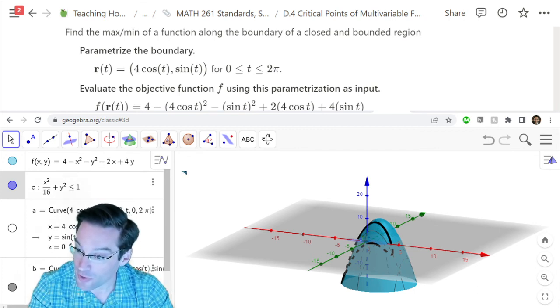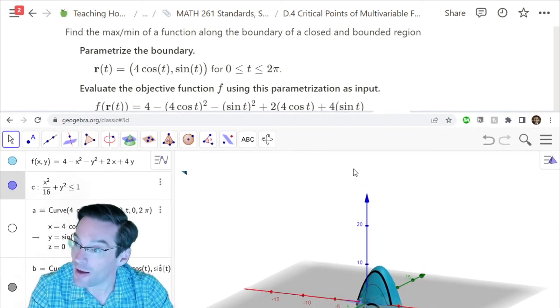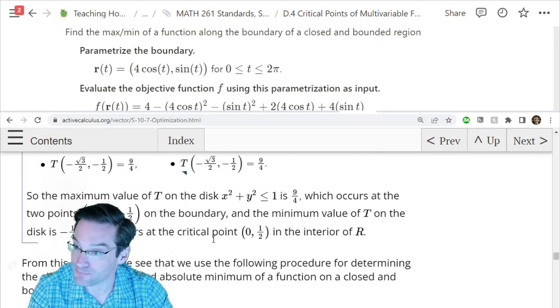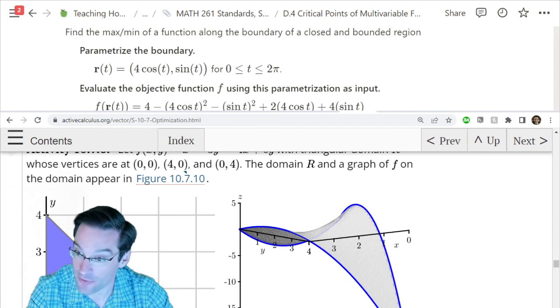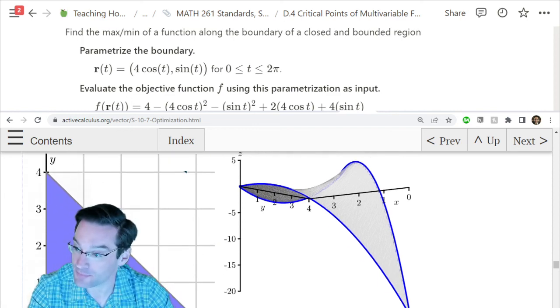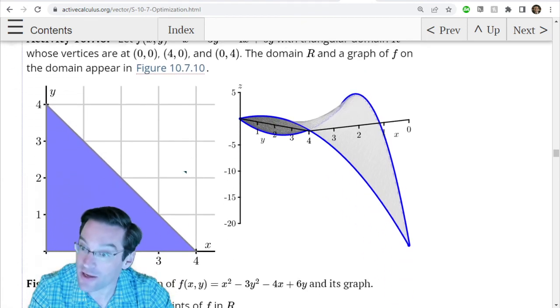But if you were to follow in the textbook the last example, activity number 6 in this section, that particular one is set up to be a little bit more manageable in some ways. So for this one, you're optimizing, sorry, let me transition over here. You're optimizing a function on a triangular region. So x plus y is less than or equal to 4, and x and y are both greater than or equal to 0.